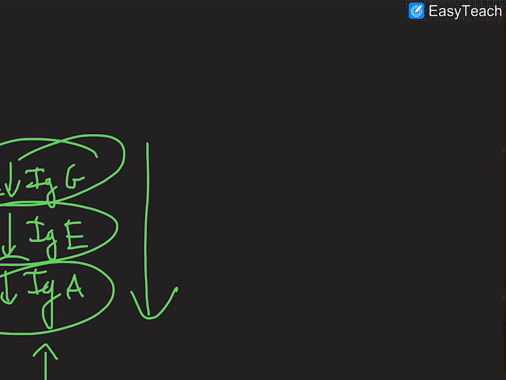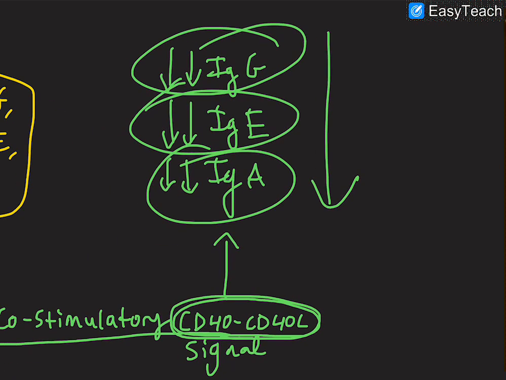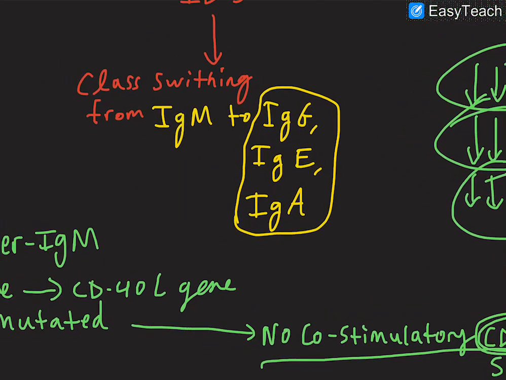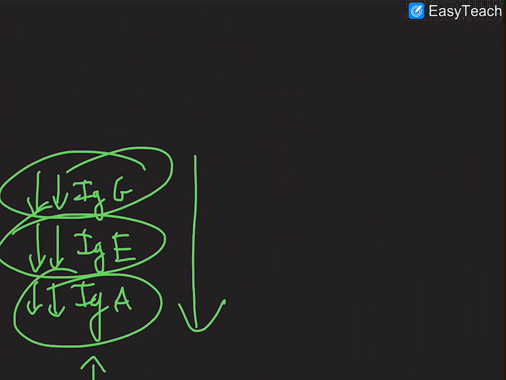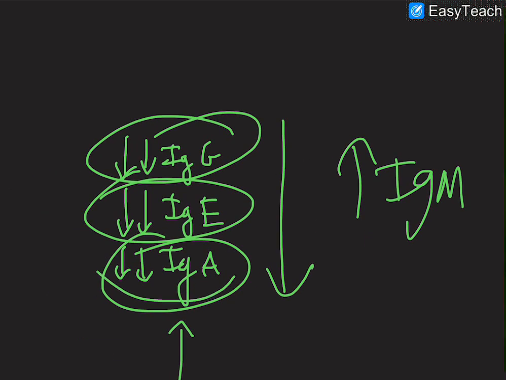Your naive B cells can produce IgM initially, but that's all you can produce if you have this disease that we're talking about, hyper IgM syndrome. All you can produce is IgM, right? So then you would have a high level of IgM, but you would have very low levels of IgG and IgE and IgA. So what would this lead to then, right?